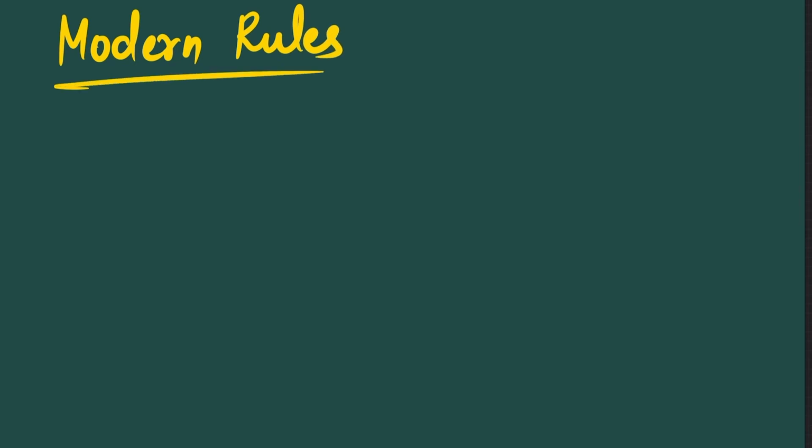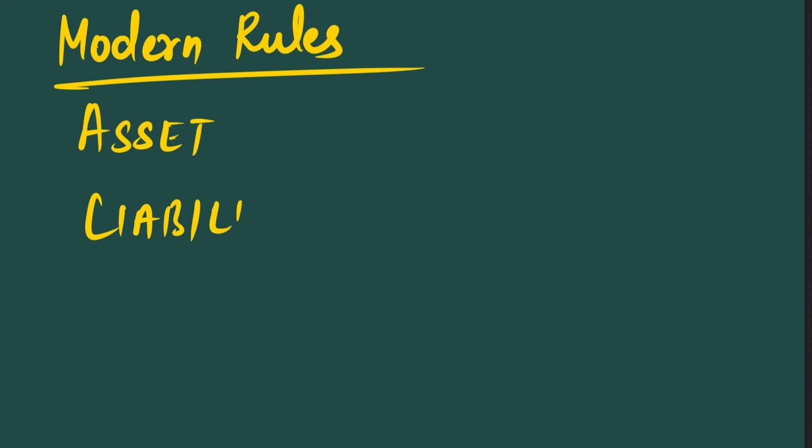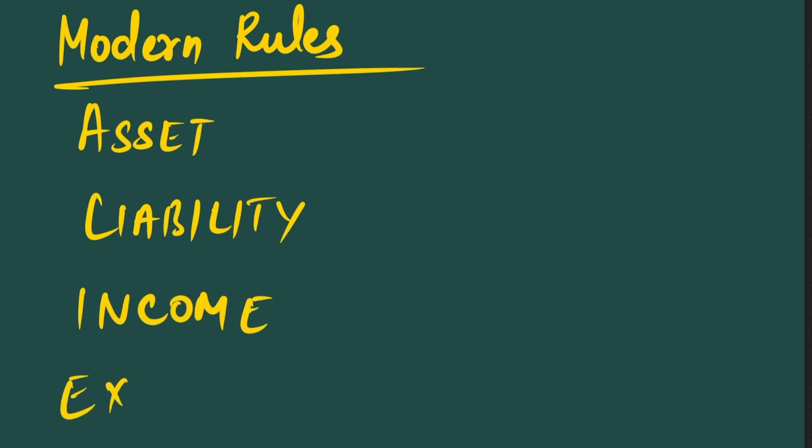What we will be doing instead is we'll be looking at the modern rules of accounting. So now what are these modern rules of accounting? In case of modern rules of accounting, we classify them based on the nature of the account. It could be an asset. It could be a liability to the business. Of course, everything here is from the point of view of the business itself. Then it could be income to the business, or it could be expenditure to the business.